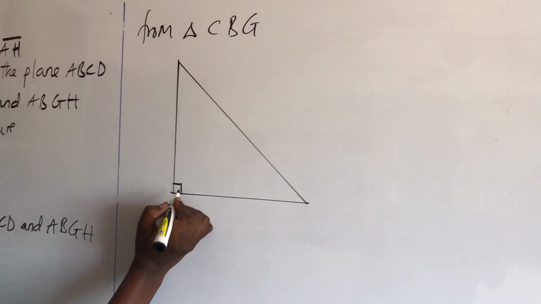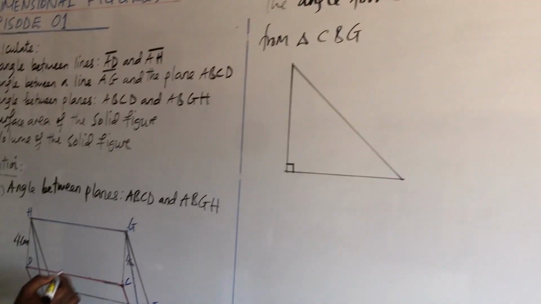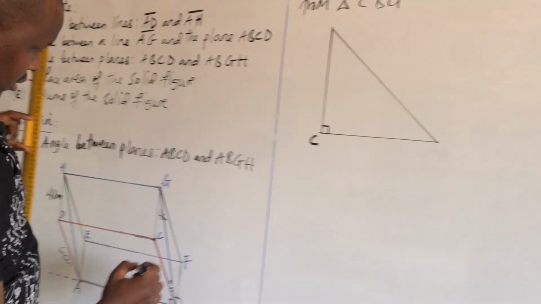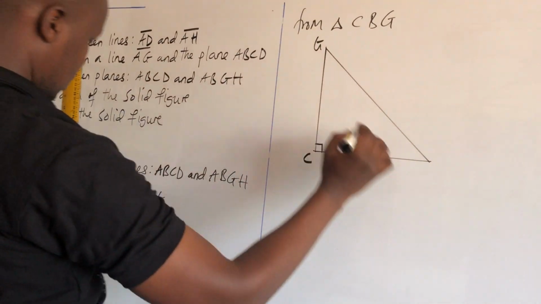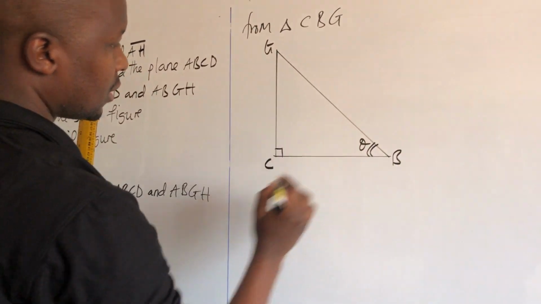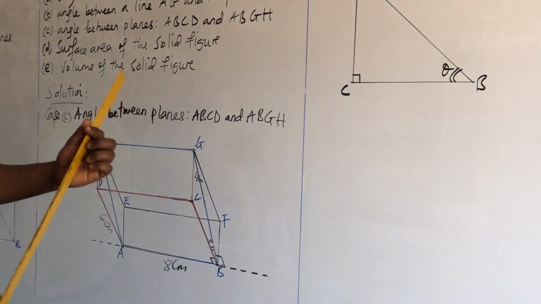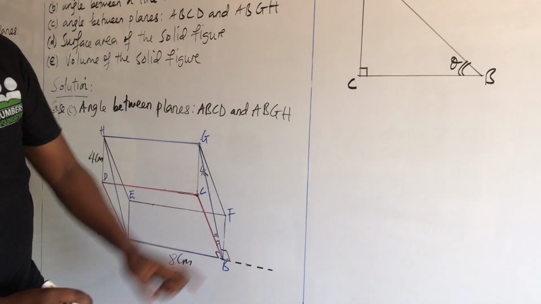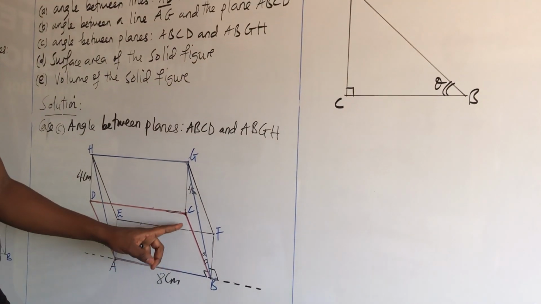The right angle is here at point C. Here is G, and here is the point B, where our angle is. Now we are going to see the dimensions so we can calculate the size of the angle.